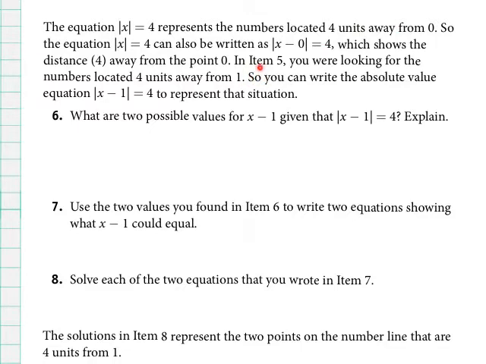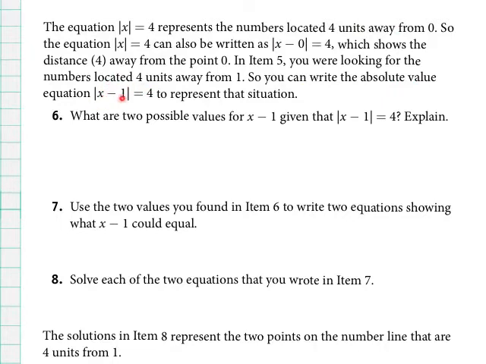So down here it says, so you can write the absolute value equation, absolute value of x minus 1 equals 4 to represent that situation. So basically what this is saying is I don't really care what is inside the absolute value. All I care about is that whatever is inside the absolute value has to be 4 spaces away from 0.